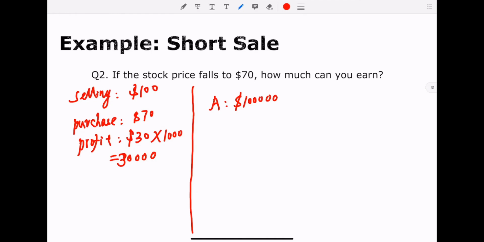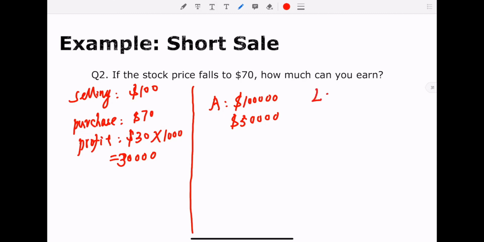And no matter what the current market price is, the proceeds, the cash you got from short selling on day zero, stays the same. It's always $100,000. And you also have your initial $50,000 of cash, which is added to satisfy your initial margin. So the value of your asset stays the same.